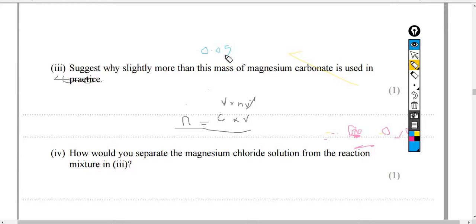And also from the reaction we wrote above, you know the stoichiometry between magnesium carbonate and HCl acid is 1 to 2. So this is actually equal to 2, and since this is the acid, the carbonate should be 1. So if you want to get the stoichiometry in this regard, you have to divide 0.05 by 2. That would give you the number of moles that would react with the given amount of HCl.